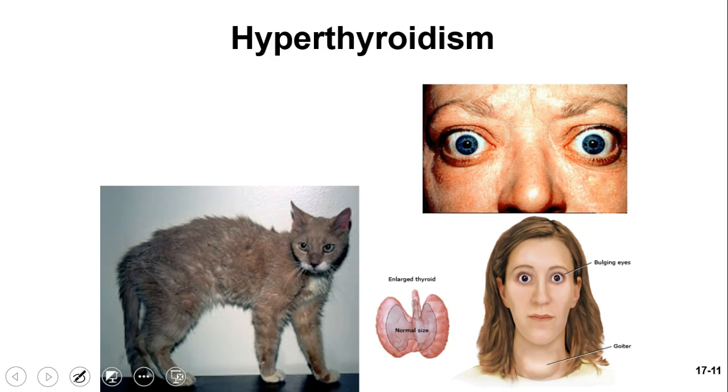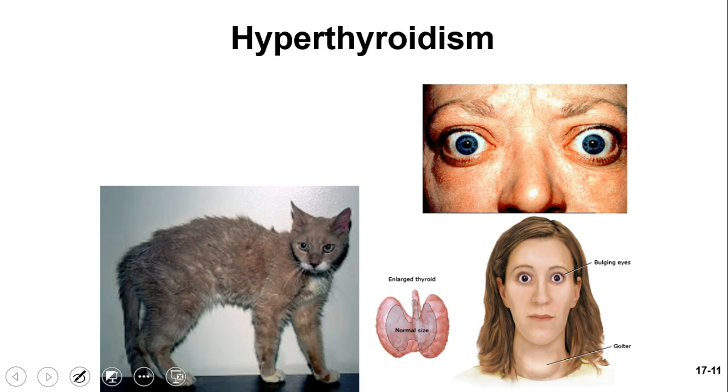So this cat, you can see, looks unkempt. It's underweight. And if we were to listen to it, its heart rate is through the roof. And it's fidgety. It's like jittery, okay? These same symptoms you see in people, but we have some other interesting ones.